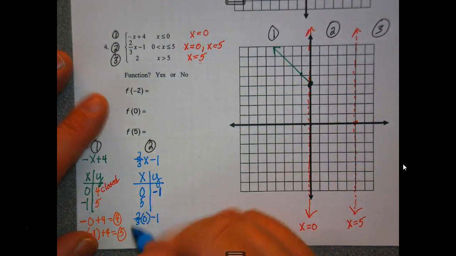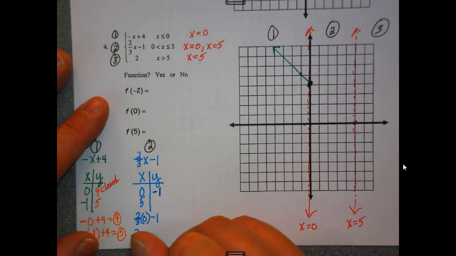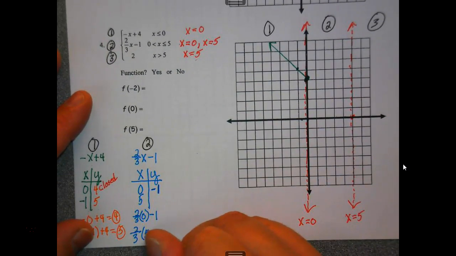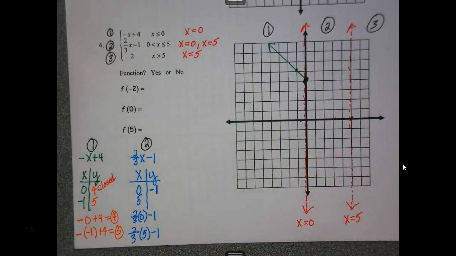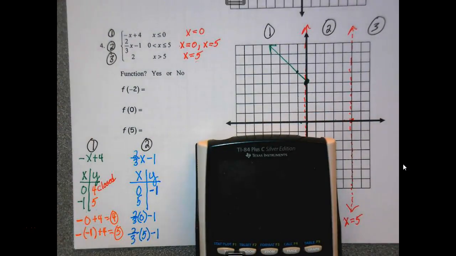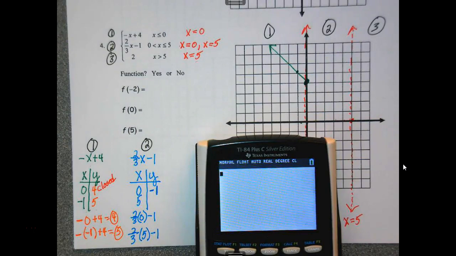Now the 5. Unless you're really good at fractions, when I plug in 5 for x, I'm going to use my calculator because I'm a little rusty with fractions. So I'm going to take 2/3, and fractions you should put in with parentheses, times 5 minus 1.